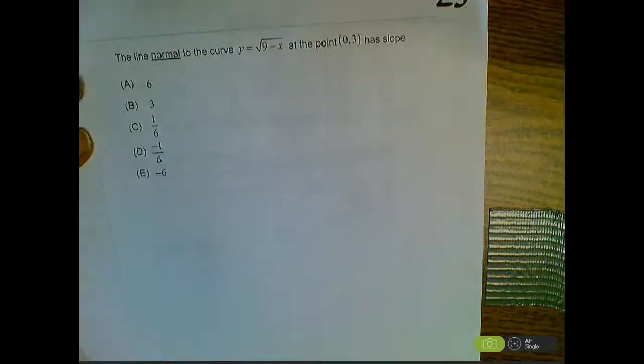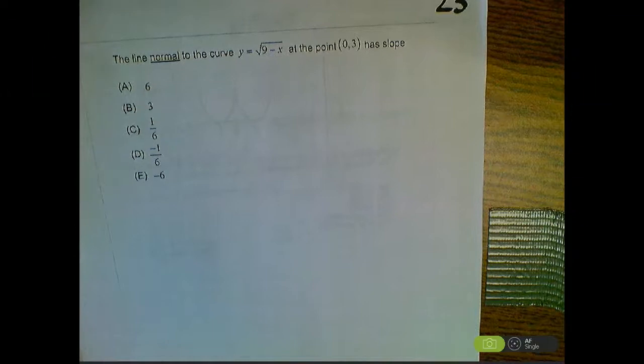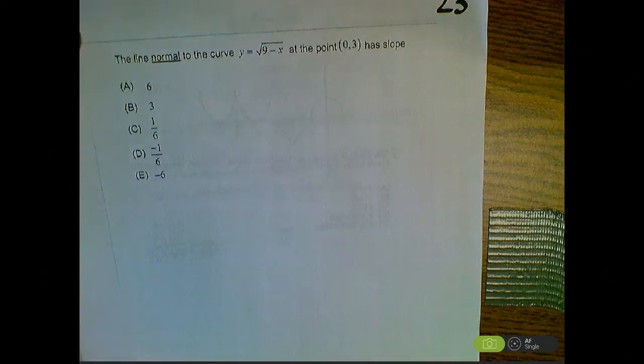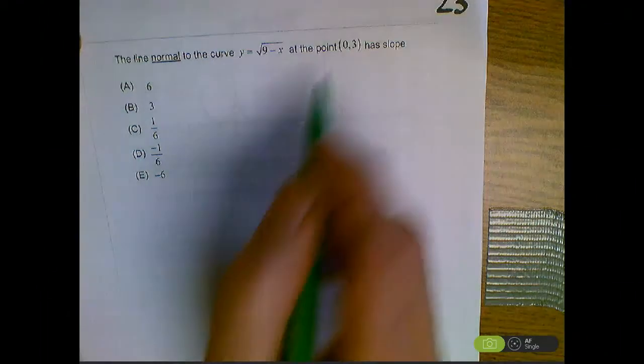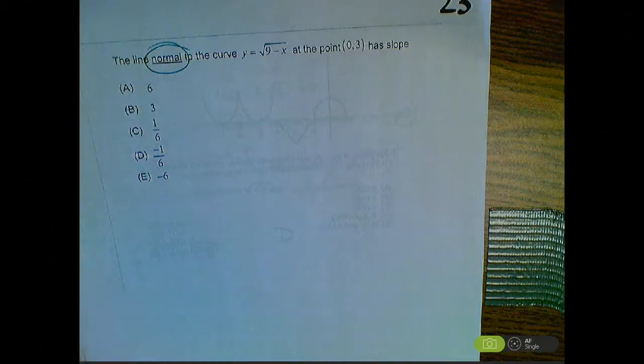23, the line normal. Remember, perpendicular reciprocal. I mean your negative reciprocal rule for normal. It just wants to know the slope of the line normal to the curve. Okay, what do we get? We just need to know what the slope is.